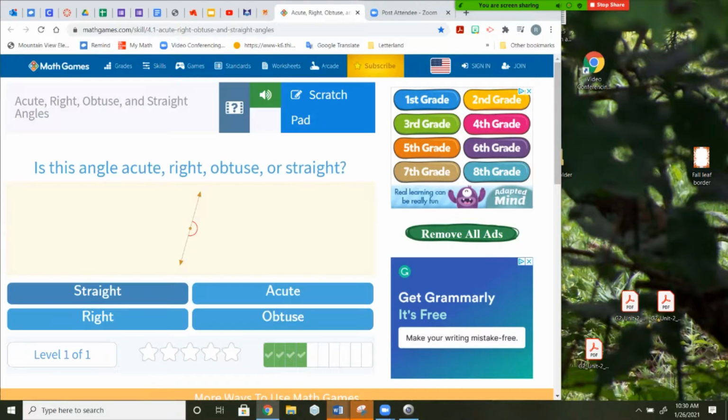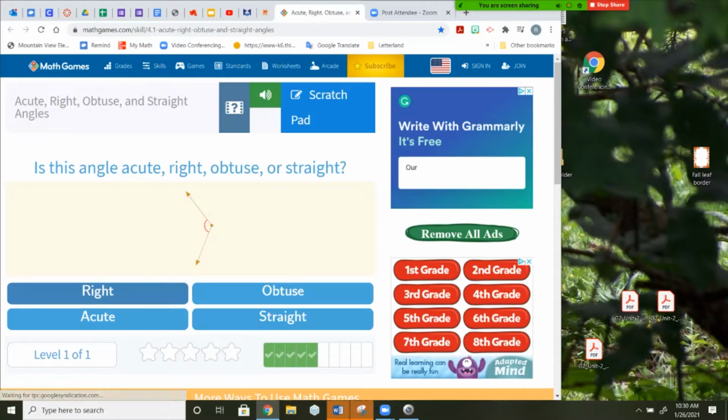Nice work, everybody. Now, is this angle acute, right, obtuse, or straight? Straight. This is a straight line, isn't it? Nice work. Now, is this angle acute, right, obtuse, or straight? I always think of that piece of paper there. Is it inside what a corner of a piece of paper would be?